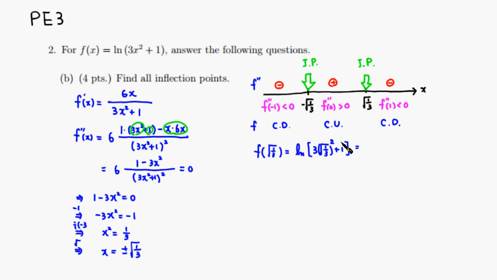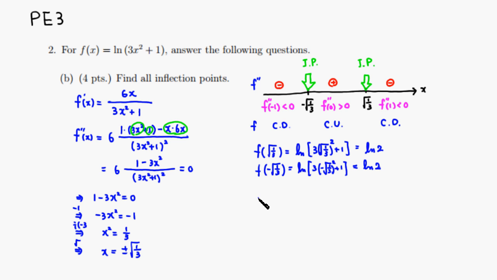The square root cancels out, so 3 times 1/3 is 1, plus 1, so it's the natural log of 2. If you plug in negative square root of 1/3, it gets squared anyway, so you get exactly the same value: 3 times 1/3 plus 1, so it's the natural log of 2.